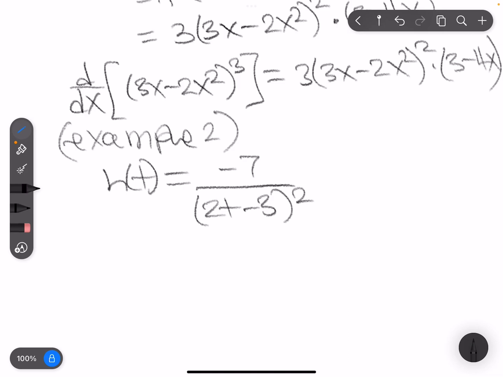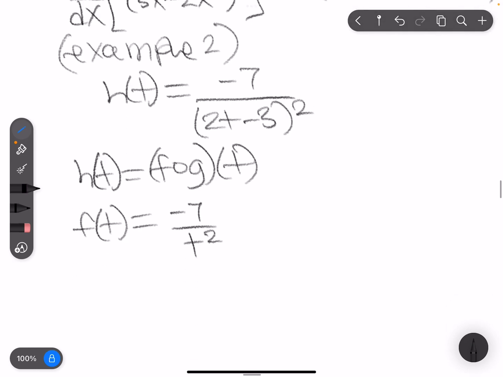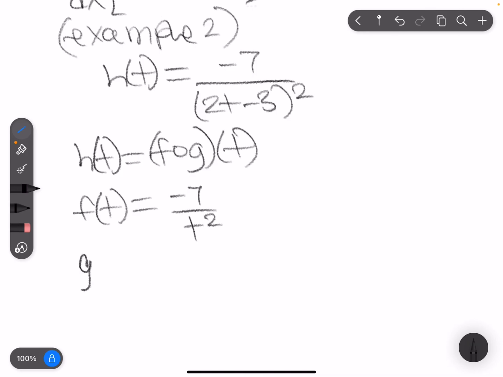Well, we see that h of t equals f composed with g of t, where f of t can be minus 7 over t squared, and then we can allow g of t to be 2t minus 3.